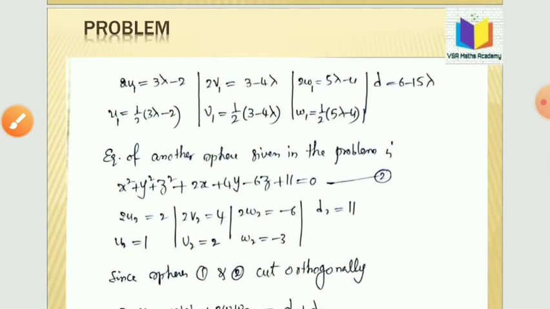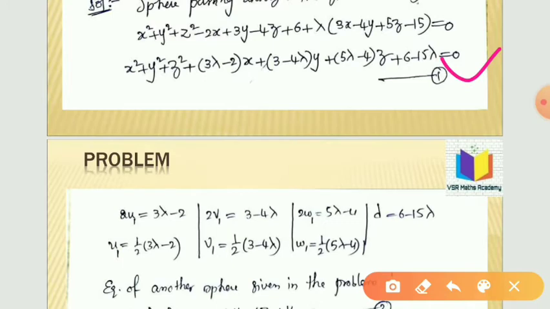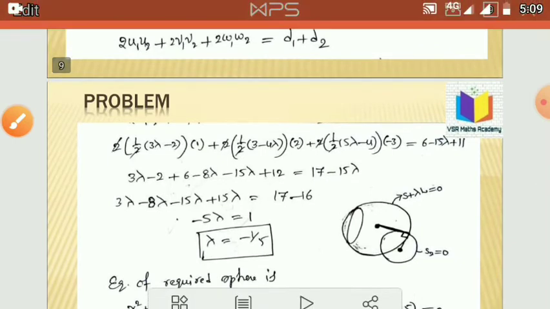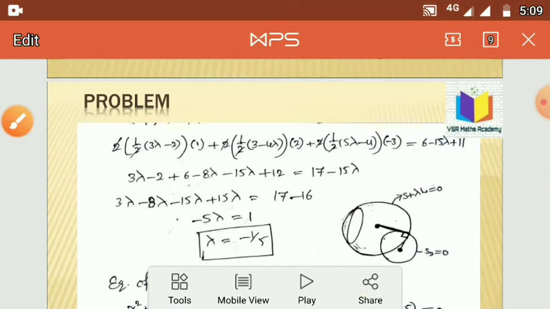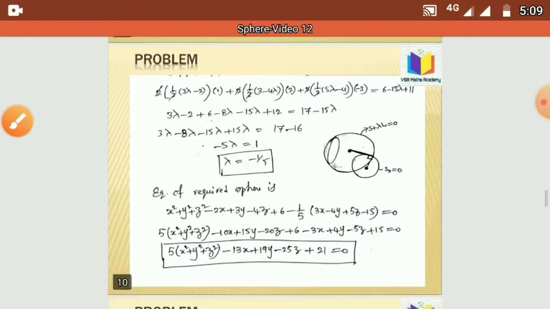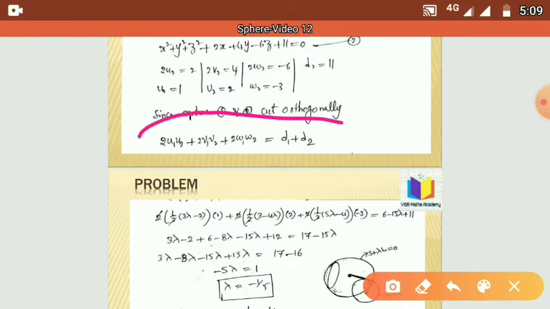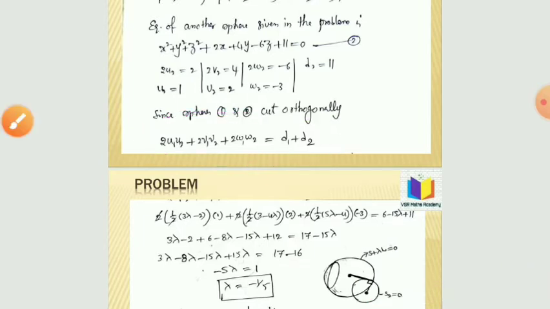It is given in the hypothesis that the sphere 1 and the sphere 2 cut orthogonally. You can see in the diagram also. This is sphere 1 and this is sphere 2. These two spheres cut orthogonally. Therefore we can apply the condition for orthogonality. What is the condition for orthogonality? 2u1 u2 plus 2v1 v2 plus 2w1 w2 is equal to d1 plus d2.